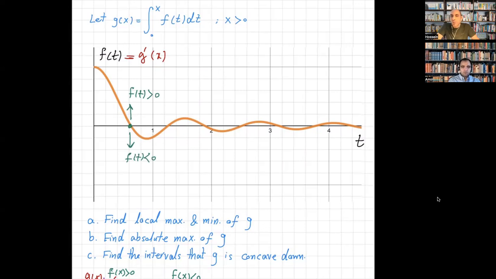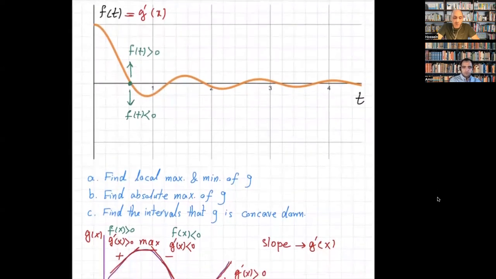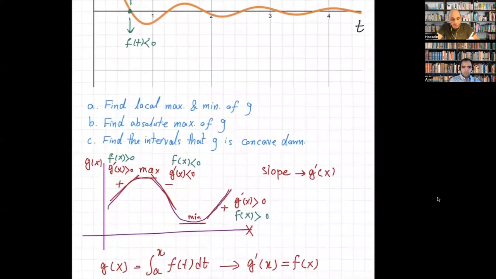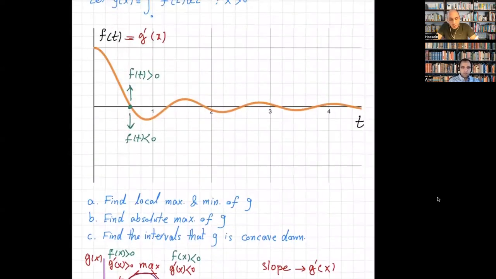So this is one of the points where the slope of g changes from positive to negative, and based on what we saw, when the slope changes from positive to negative, then we have a maximum. So I can say this is a max. So it means I have something like this.